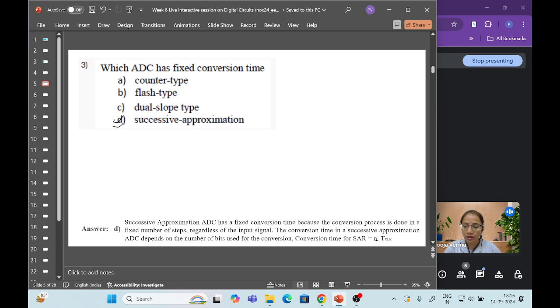The conversion time for successive approximation is n times T clock, where T clock is the time period of the clock frequency. Among these, successive approximation has a fixed conversion time, and all the others vary.